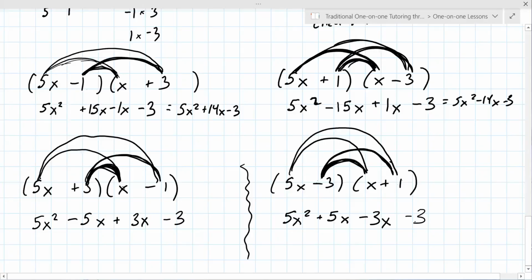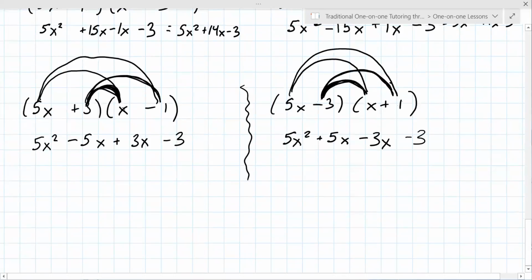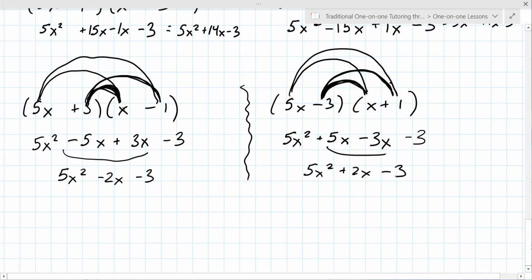Negative 3. All right, great. So now on the left here, when we combine these inner terms, you get minus 2x. And same thing here, 5x squared, you get plus 2x. Which of these is the same as the original, the one we started with? Is it the one on the left or the one on the right?